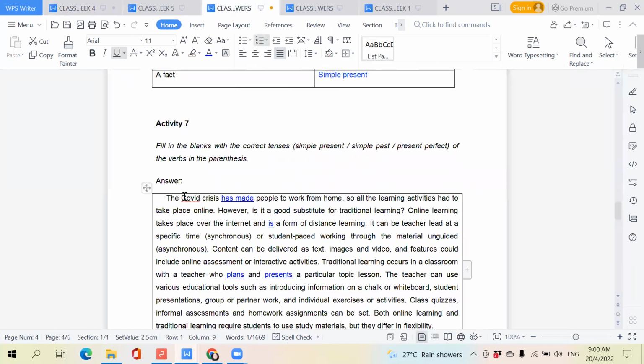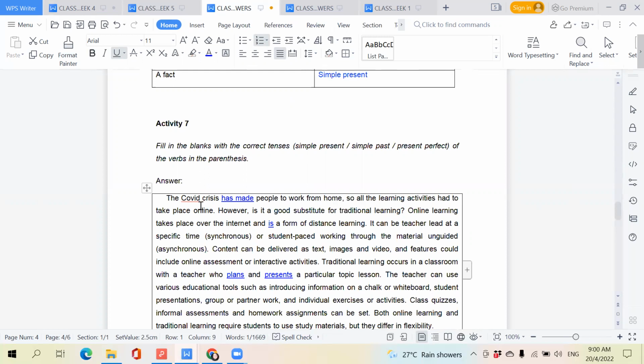Okay, so this one is present perfect. The COVID crisis has made. Why do I say present perfect? Because this happens in the past. So this has happened in the past. I think it happened in 2019.